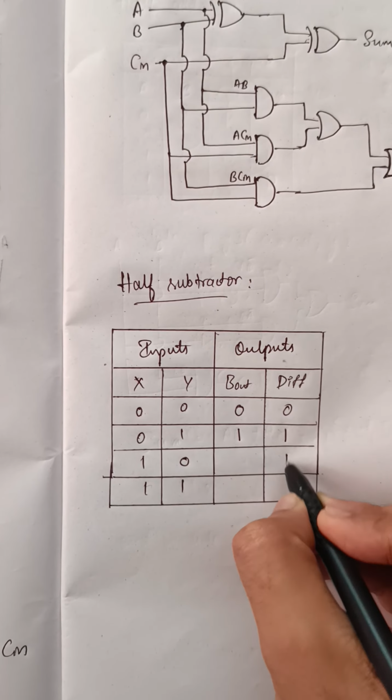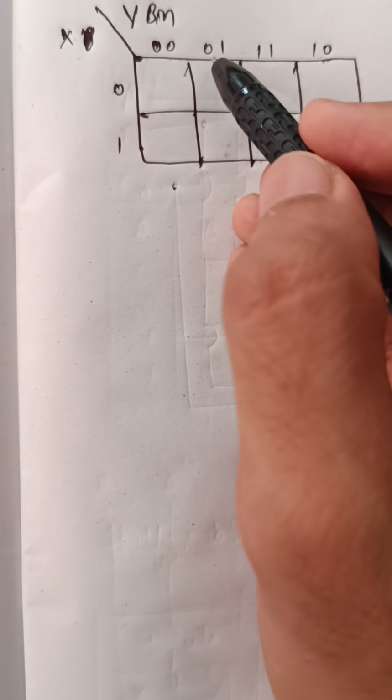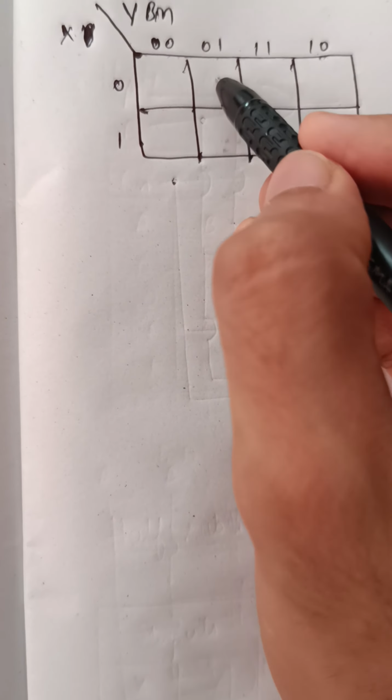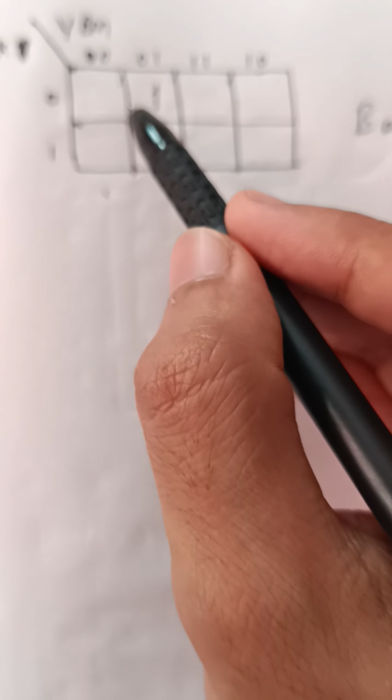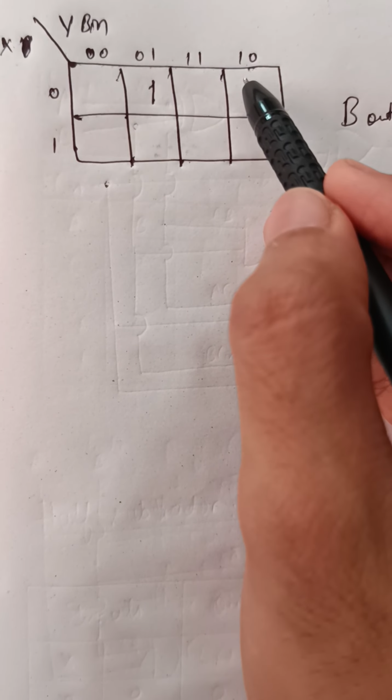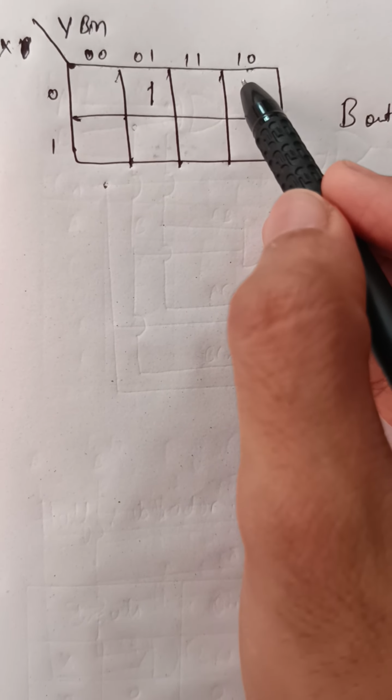Okay, now we will see the K-map for borrow out. Here borrow out is 1 and that is borrow in is 1, x is 0, y is 0, that is here. Then next borrow out is 1 here, y is 1, others all 0, that will come here.